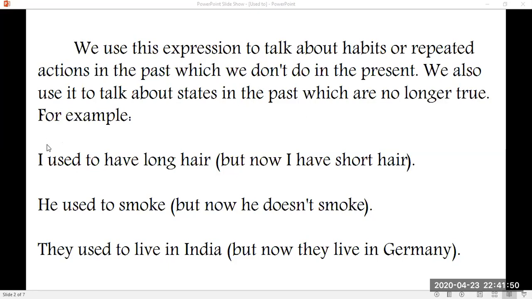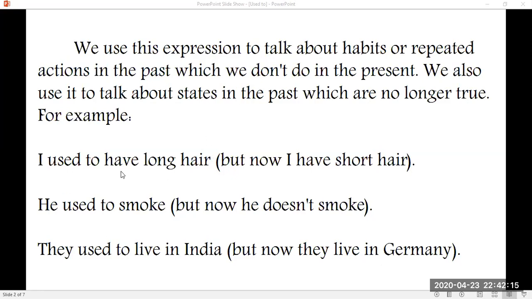For example, I used to have long hair, but now I have short hair. He used to smoke, but now he doesn't smoke. He quit. They used to live in India, but now they live in Germany.